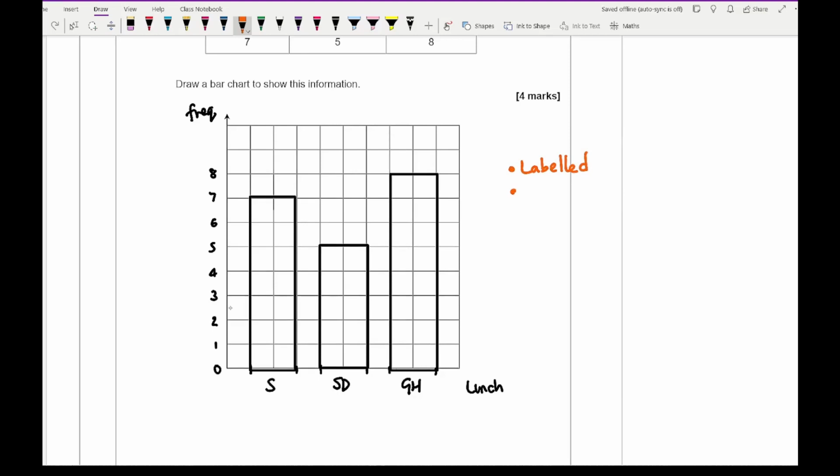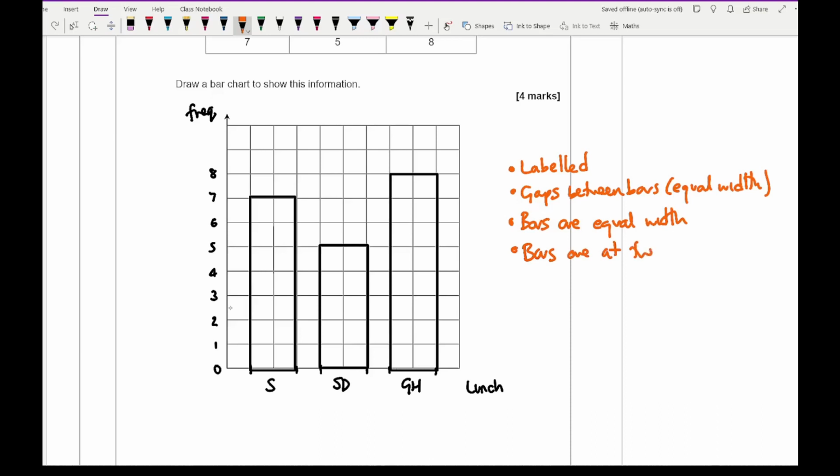You've got a good scale, you've got gaps between the bars, and they need to be equal width. You also need to make sure that the bars are equal width, and also that the bars are at the correct height.